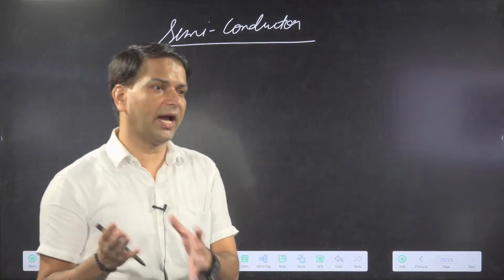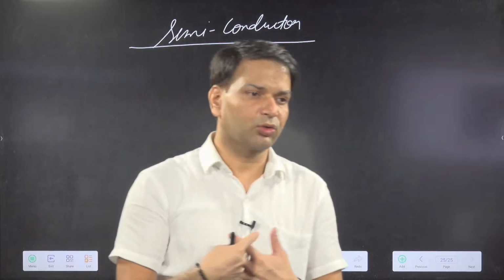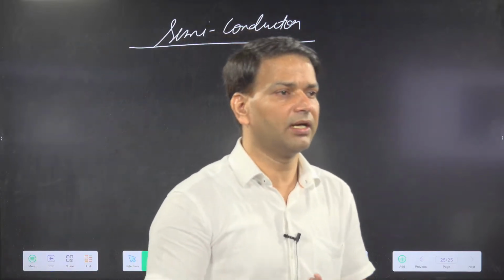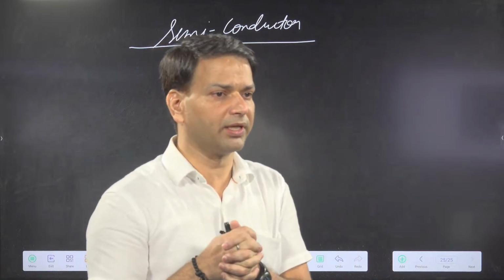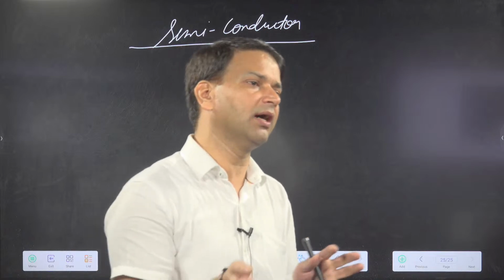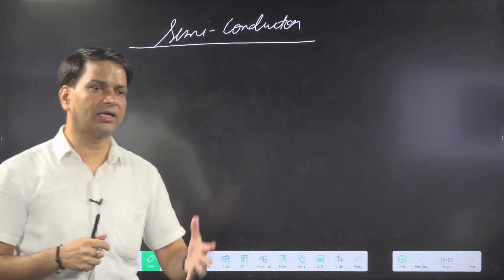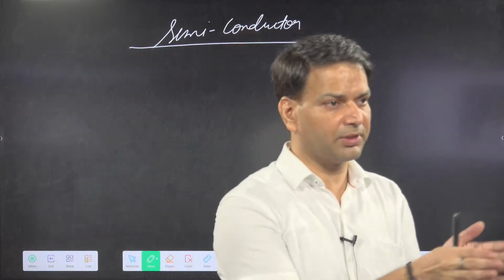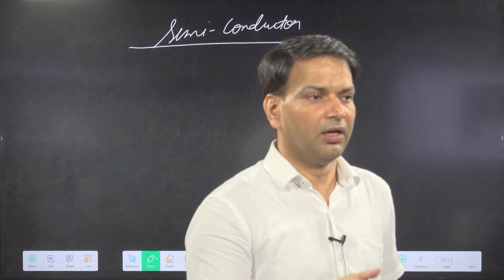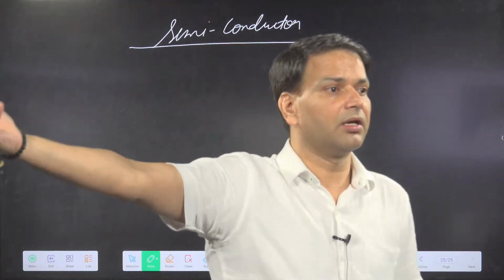And when we add a calculated amount of impurity in the intrinsic semiconductor, that process is called doping, because randomly we cannot put the impurity. Impurity means what? We are adding a trivalent or pentavalent atom. When we add a trivalent or pentavalent atom in the intrinsic semiconductor, their conductivity increases very high.